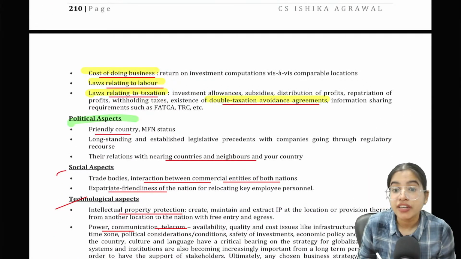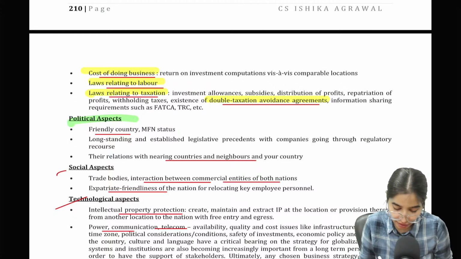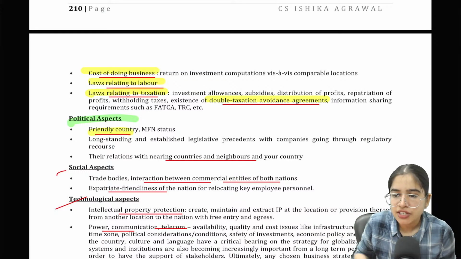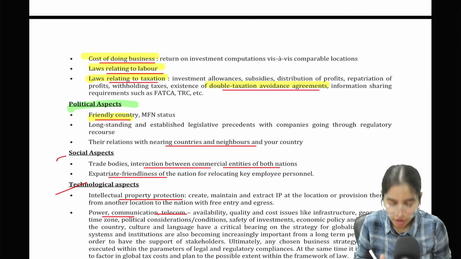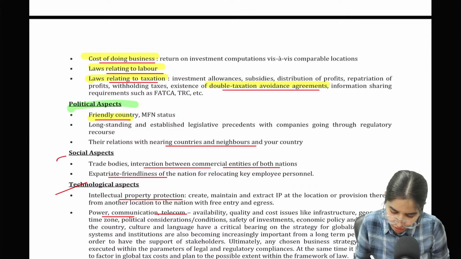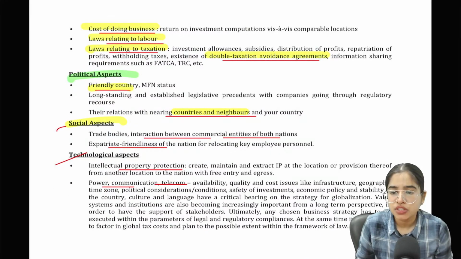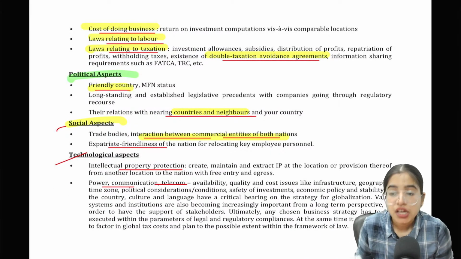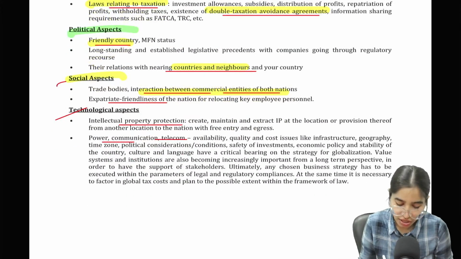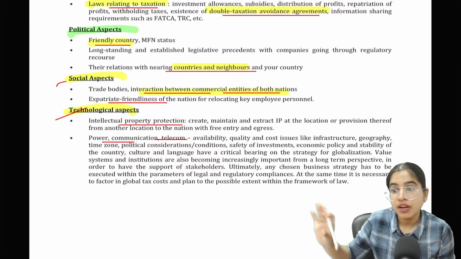You check various political aspects, government control, like whether our country is in friendly relation with that foreign country or we are in war, whether that country is our neighbor country. Social aspects you will check, like interactions between different nations. How are the social or friendly interactions between these two nations? Technology you will see, like Japan has a very good technology.